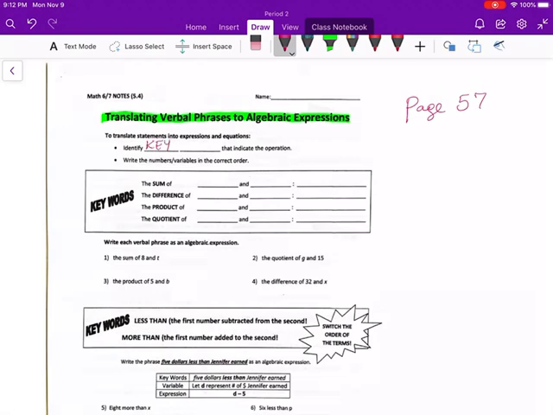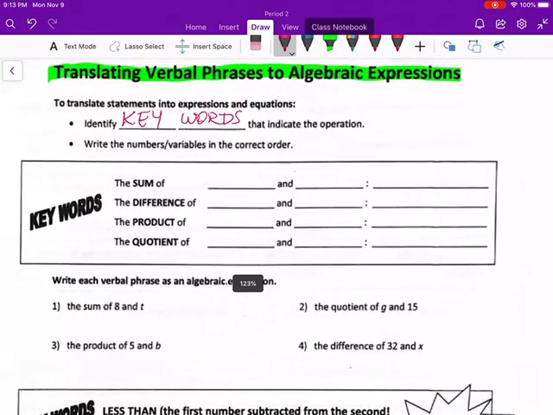We need to identify keywords that indicate the operation. After you identify the keyword that tells you what operation is performed, then you write the numbers or the variables in the correct order.